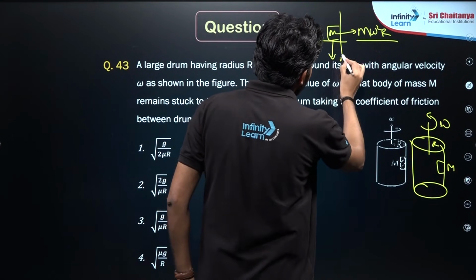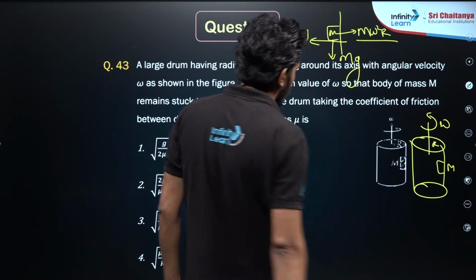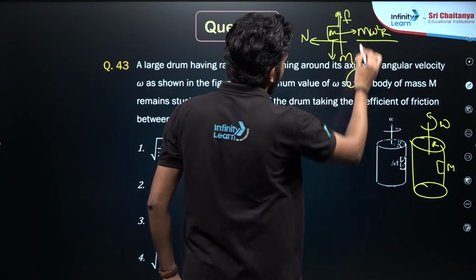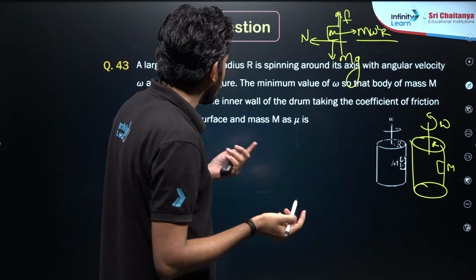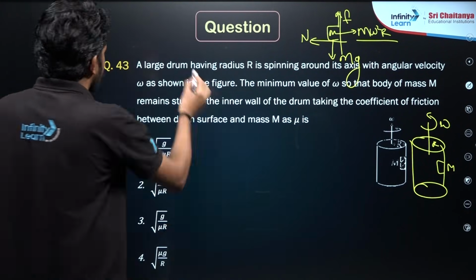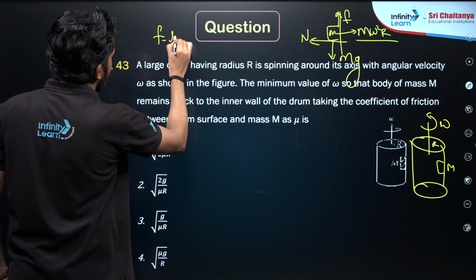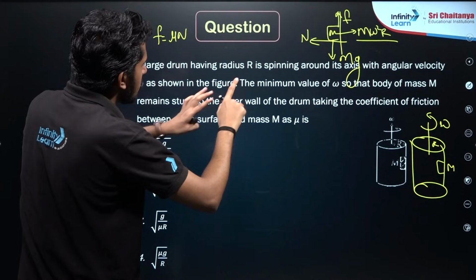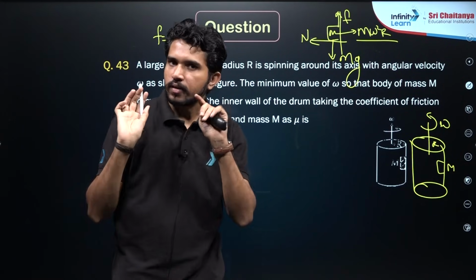The downwards pull is mg. Okay, so the upwards force will be friction. And friction is what? Mu n. Mu value is given. So friction is mu n and n is m omega square r. So basically mg should be equal to friction.